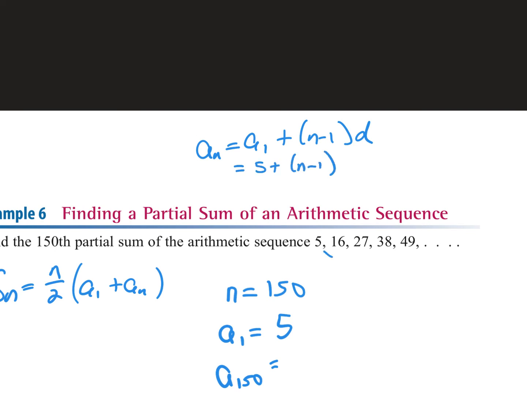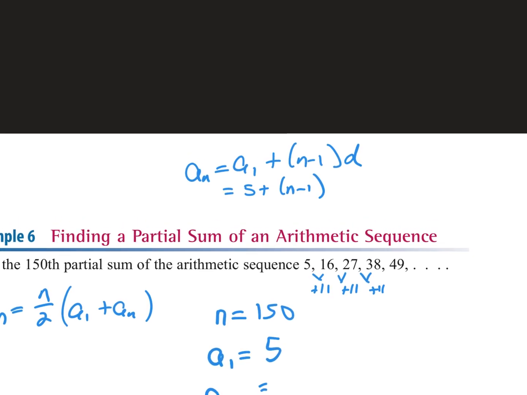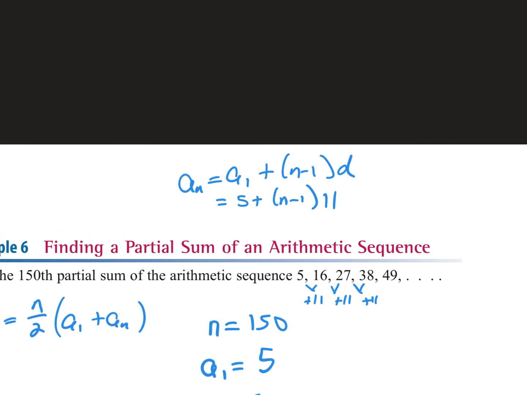How did I get from 5 to 16? Adding 11. How did I get 16 to 27? 11. 27 to 38. Add 11. Just make sure it's constant. So my difference right here would be 11.